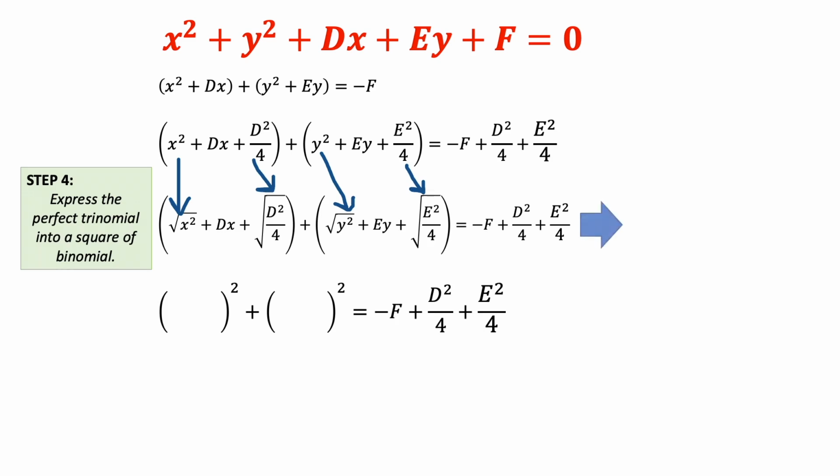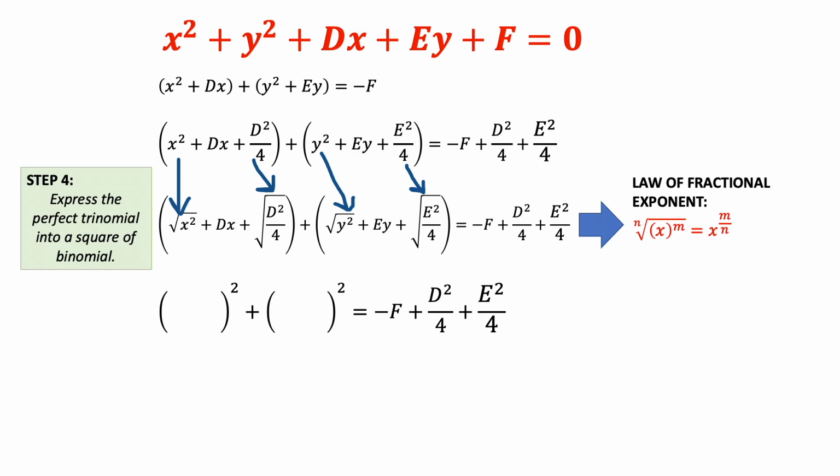To get their square root, we will apply the law of fractional exponent that states that the nth root of quantity x raised to m can also be written as quantity x raised to m over n, where x is the base, n is the root index, and m is the power.